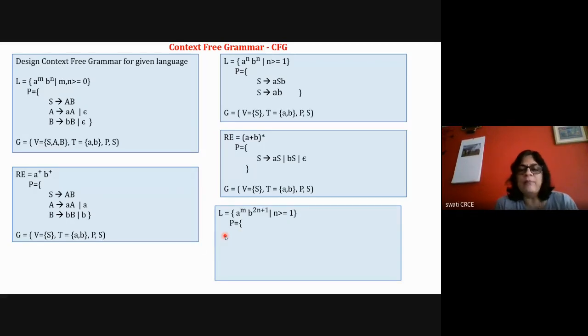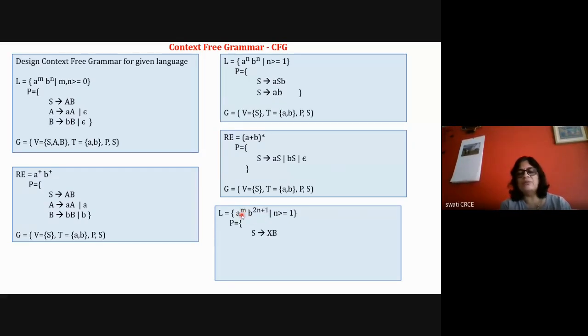A raised to m, b raised to 2n plus 1. Okay, for this particular problem, what we see here is that m and n are greater than or equal to 1. I forgot to write that. m and n are greater than or equal to 1. So I can assume that both are different terms.